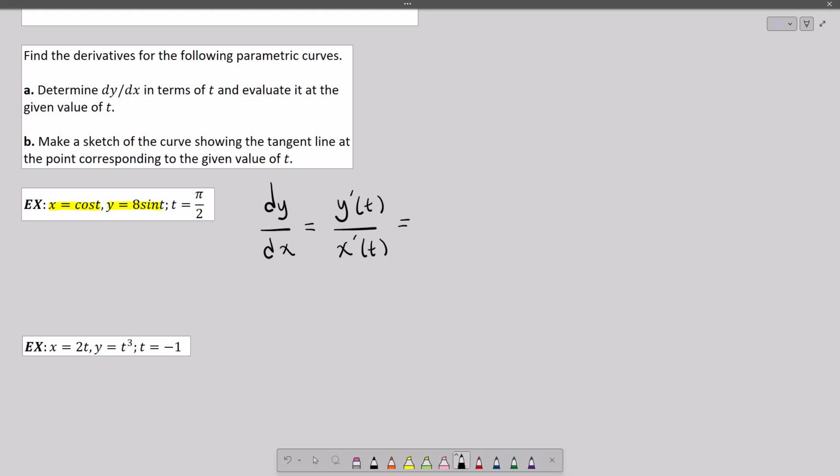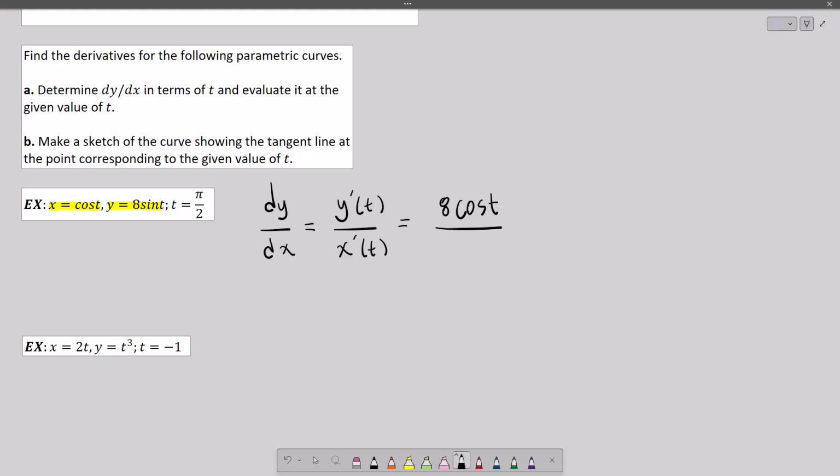So this is interesting because traditionally, when you have dy dx, you are trying to write the derivative as a function of x. And you think of x as the independent variable. But with parametric, x is not the independent variable, t is the independent variable. So y prime of t is going to be 8 cosine of t.